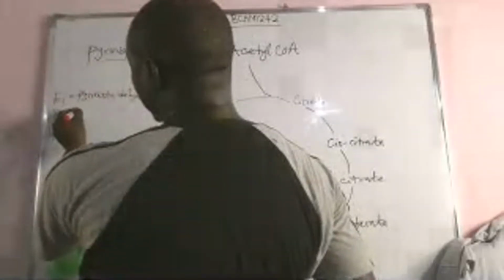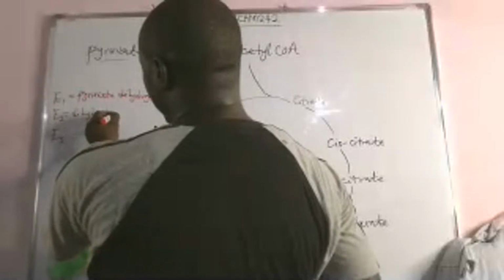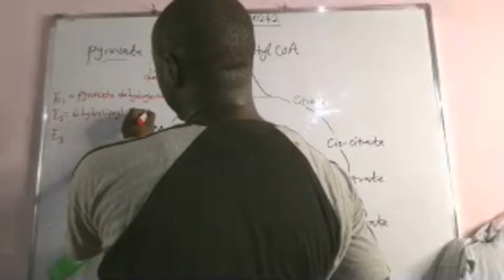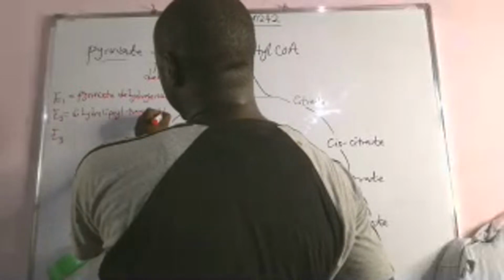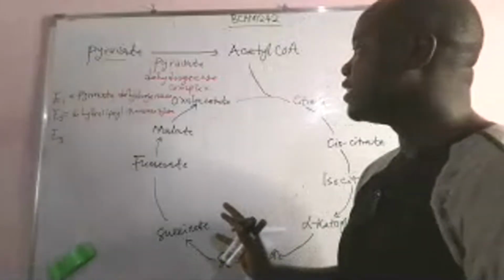The second enzyme is called dihydrolipoyl transacetylase. So that is the name of the second enzyme.